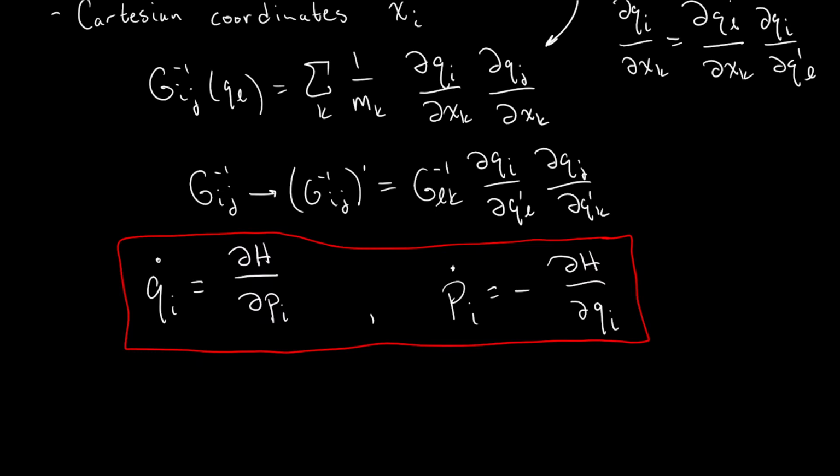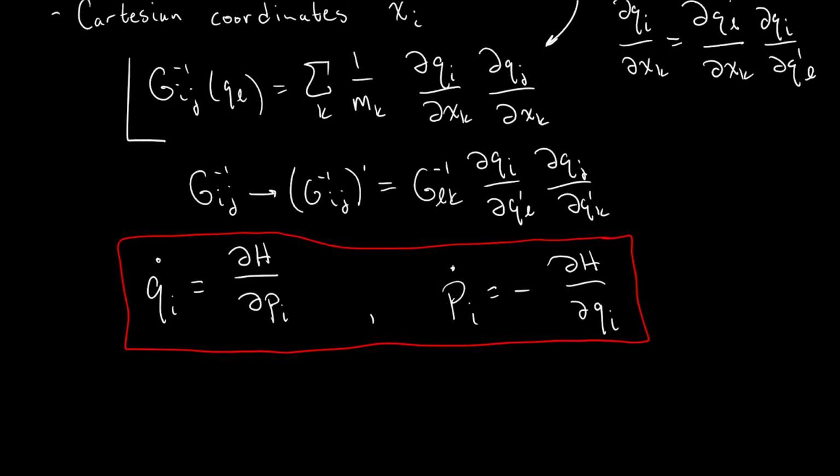So oftentimes it involves translations, so just shifts side to side, up and down, back and forth, or rotations. And the nice thing about this is that as long as we're just doing translations in particular, the form of G_ij will never change. We will never change G inverse_ij.